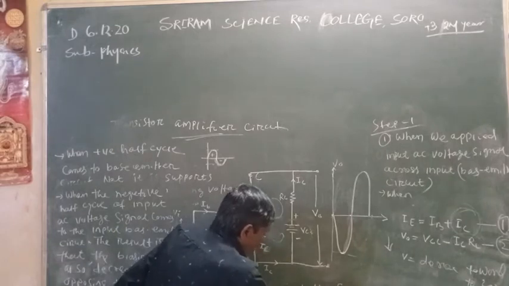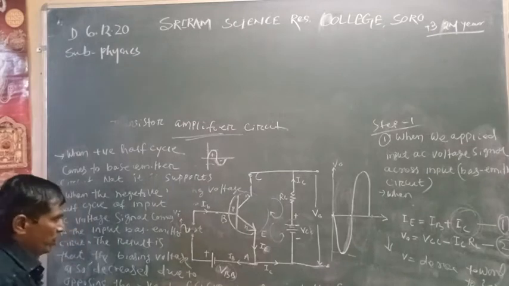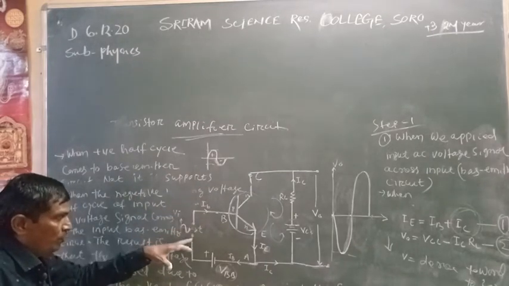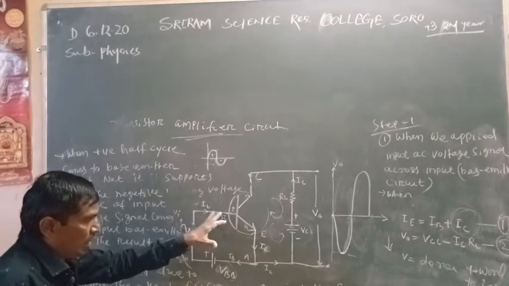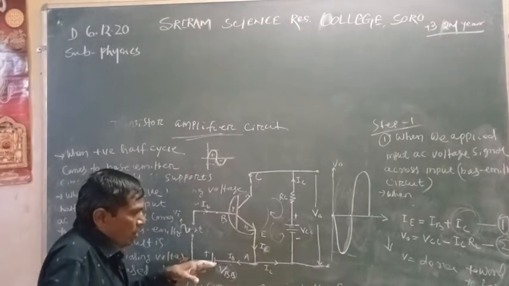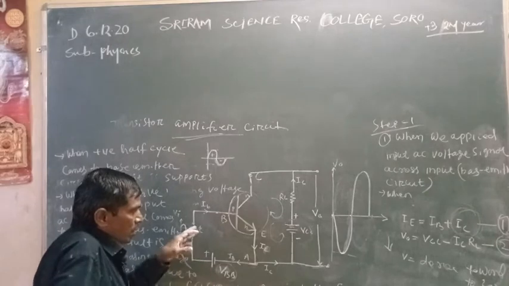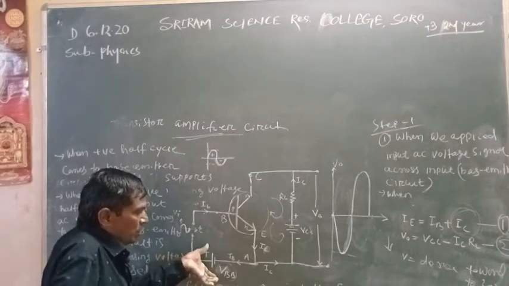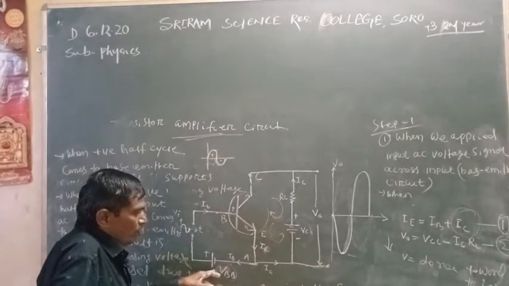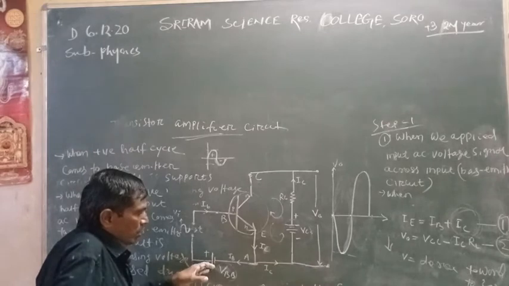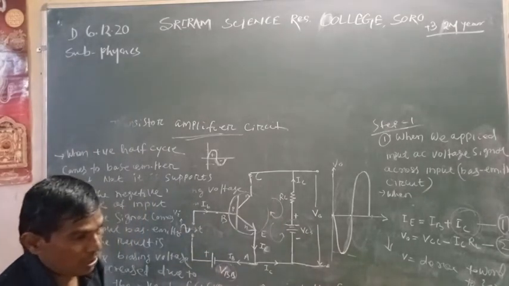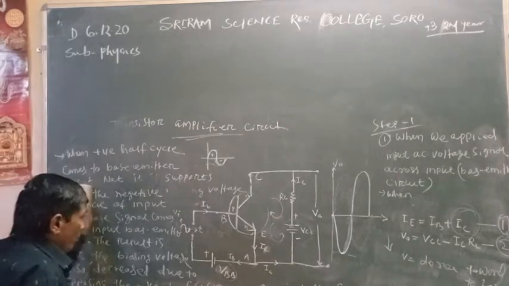Now when the negative part of the input AC voltage arrives at the input terminal of the base emitter junction, it opposes the base emitter battery voltage, and the forward bias is decreased.